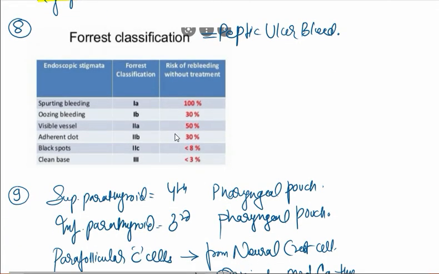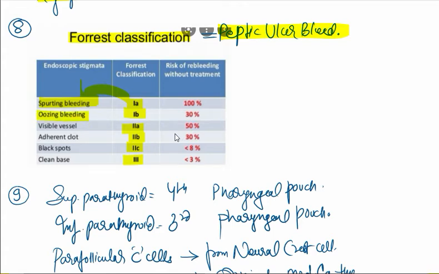Next one, Forest classification is for peptic ulcer bleed. So it is 1A, 1B, 2A, 2B, 2C, and 3. 1A is spurting bleeding, meaning it is forceful like a jet, and 1B is oozing bleeding.